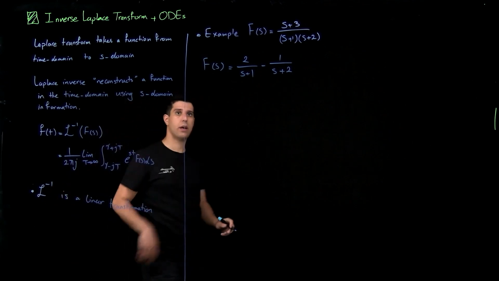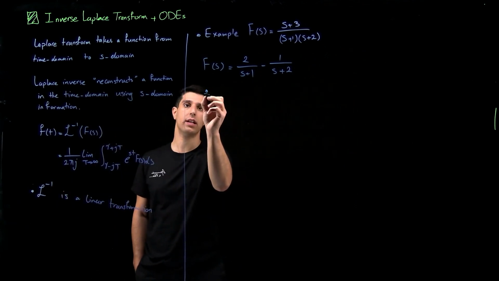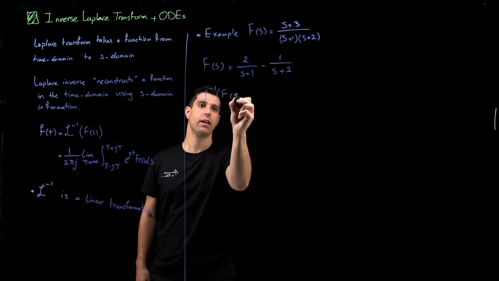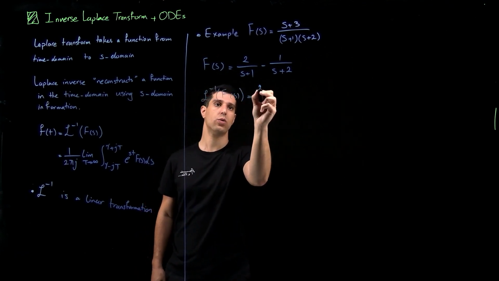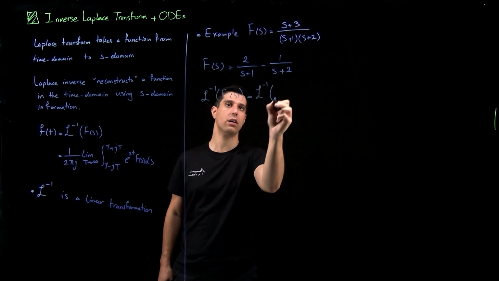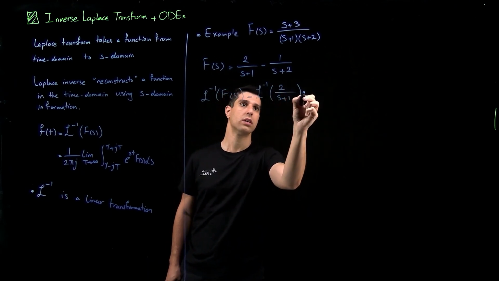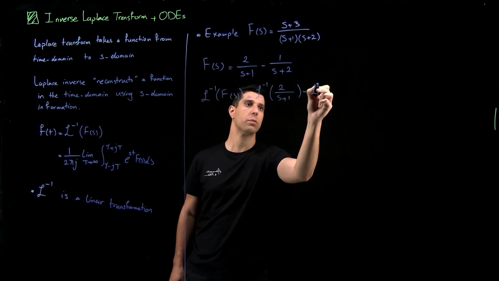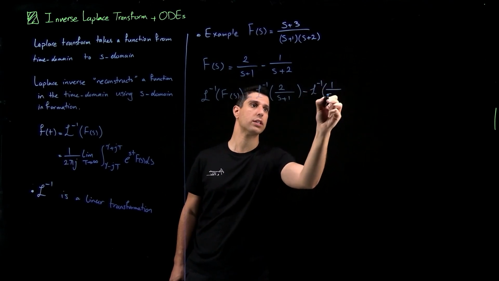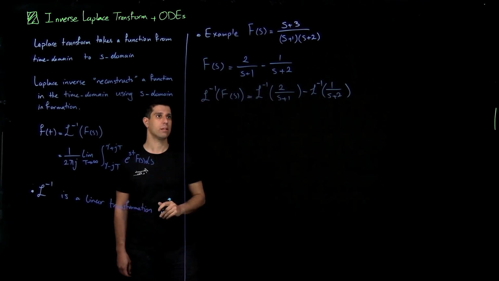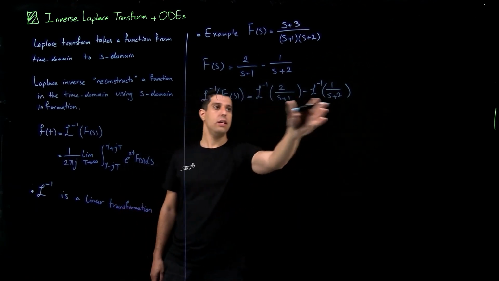So essentially, when I want to find the Laplace inverse of F of s, this is equal to Laplace inverse of 2 over s plus 1 minus Laplace inverse of 1 over s plus 2.